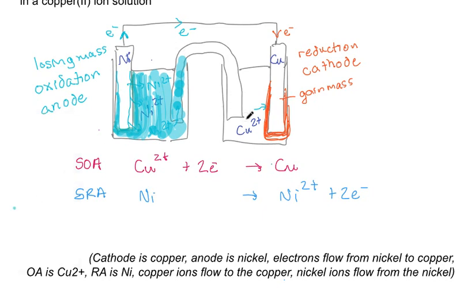Meanwhile, on the other side, this solution with the copper ions will start out blue because copper ions have a bright blue color, but what happens to it? The copper reaction takes copper ions and turns them into copper metal. So this blue color is going to start to fade.